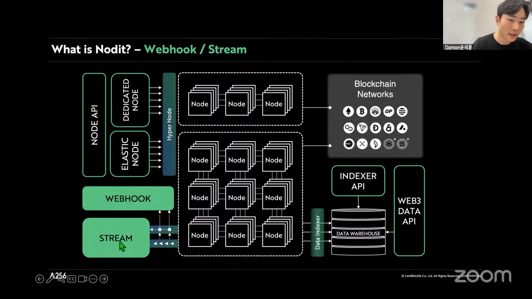Stream is kind of similar, but if you want to continuously monitor blockchain events rather than just react to them, Stream is what you need. Stream supports the same event types as webhook, but instead of receiving HTTP callbacks, you open a persistent stream channel to get the data in real time.